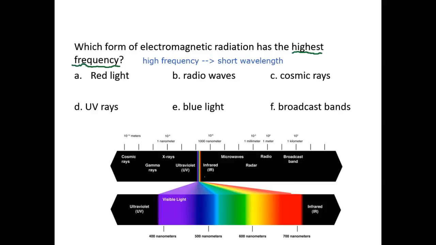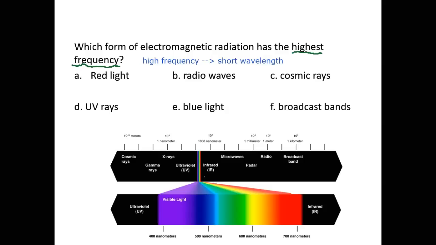So red light, well, red light's over here at 700 nanometers. Radio waves is over here at 10 meter or 1 meter range. So obviously red light, which is at 700 nanometers, shown down here, is shorter than radio.